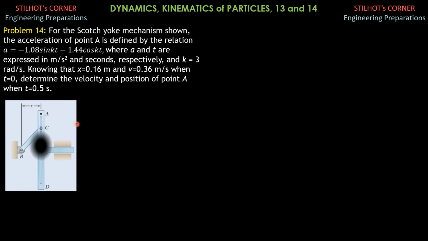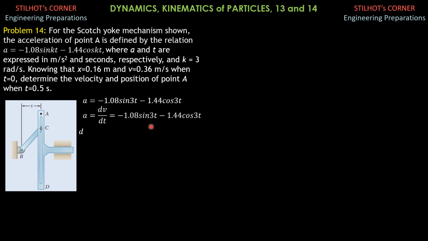So here is the given figure, and acceleration, substituting k is 3, is negative 1.08 sine 3t minus 1.44 cosine 3t. So acceleration, which is dv/dt, is equal to, you just copy. So that means differential v is equal to quantity negative 1.08 sine 3t minus 1.44 cosine of 3t times dt.